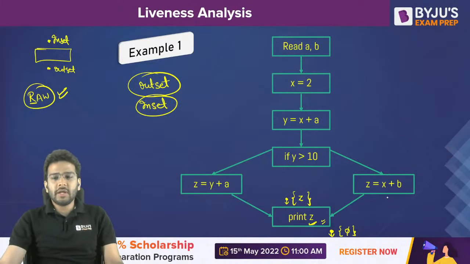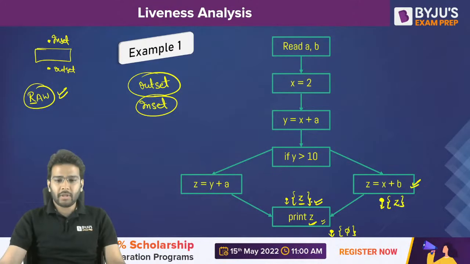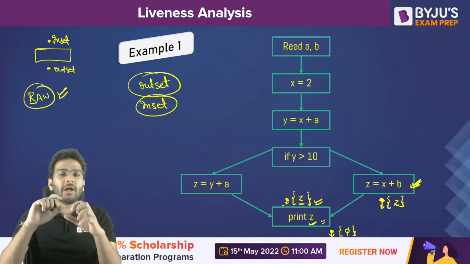Now carefully see this. If I talk about the outset of this statement, you have to look downwards. We have Z here, so we are going to have the same thing here. One thing we can conclude: whatever is the outset of this block is going to be the same as the inset of the next block. Again, whatever is the outset of this block is the same as the inset for the next block, because in between the blocks we are not changing anything.